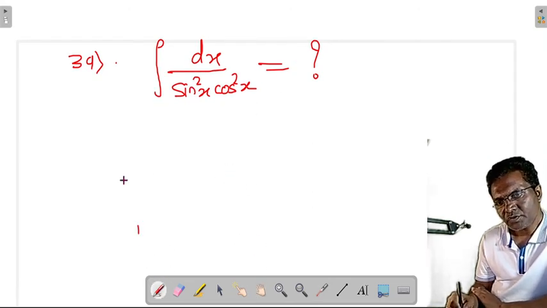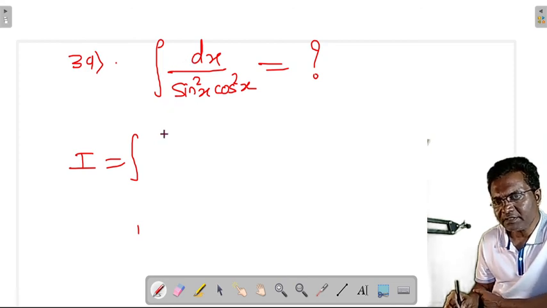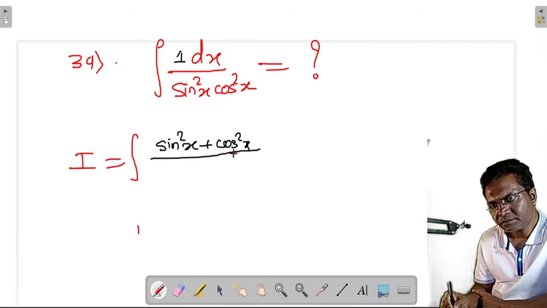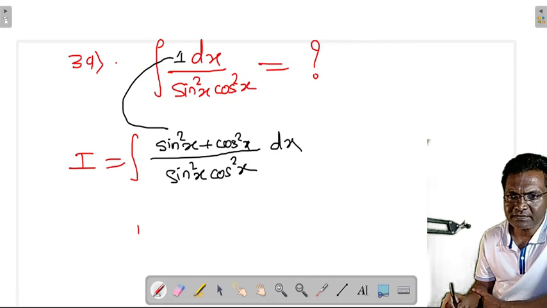Okay, so what I do is, see here, in the numerator there is no term, means there is a 1. So I can write here it is a 1. So 1 can be written as sine square plus cos square. And the denominator is sine square into cos square x dx. Okay, this 1 is written as this.